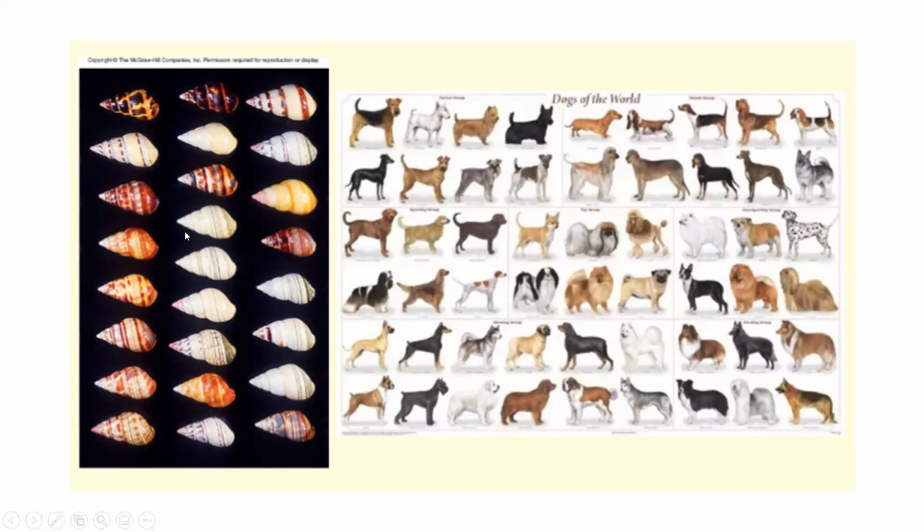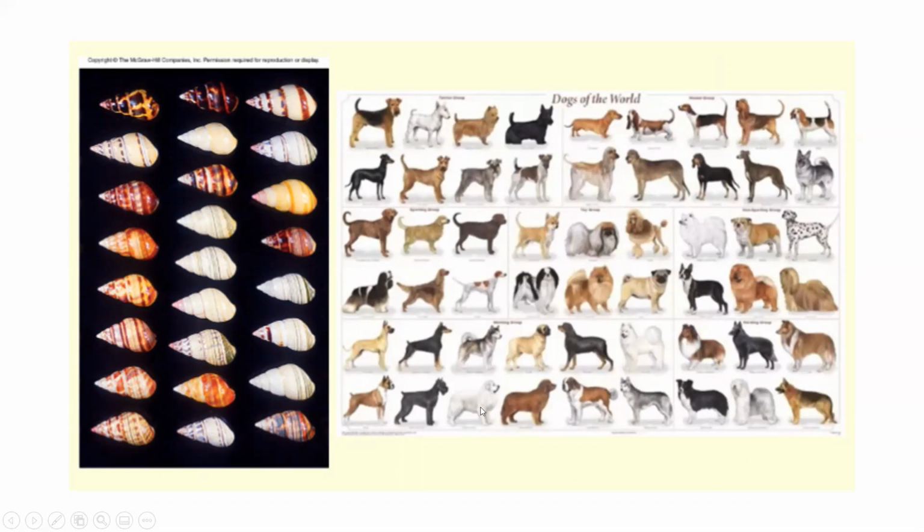So these are all members of the same species, but we can see there are hugely different colorings on these shells. Dogs are a fantastic example. There is a massive amount of variation within the dog species. Some are massive, some are very, very small, but the idea is that any dog, regardless of how it looks, in theory can go on to reproduce with another dog, regardless of how it looks.